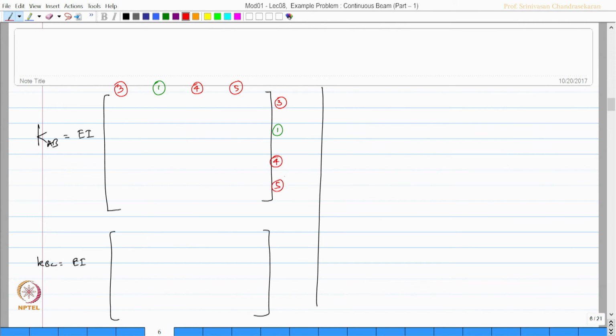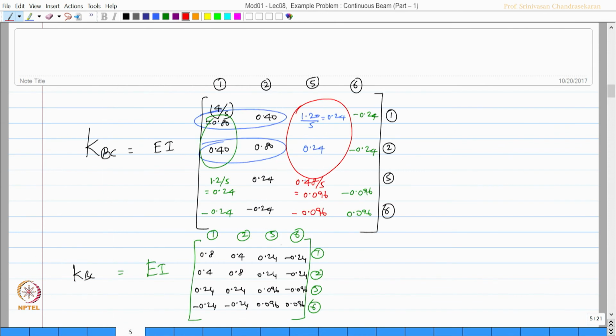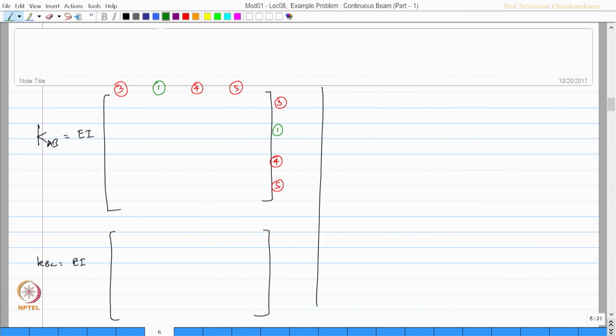If you look at the labels of KBC, they are 1, 2, 5 and 6. Out of which 1 and 2 are unrestrained and 5 and 6 are restrained. So, restrained in red, unrestrained in green.